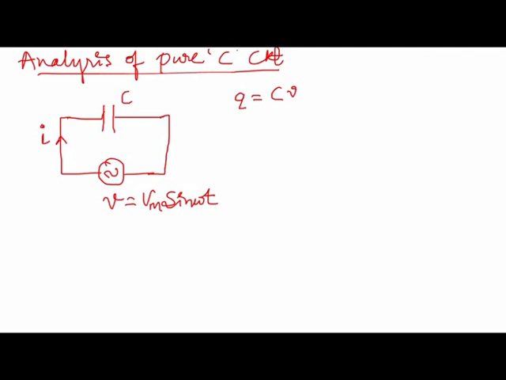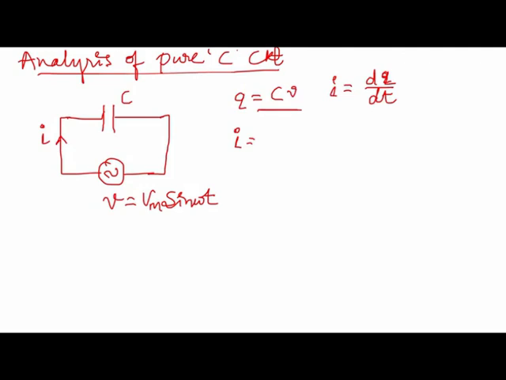The current flowing through the capacitor is I equal to the rate of change of charge, dq by dt. Let us substitute q equal to CV, where V is the applied voltage, Vm sin omega t.